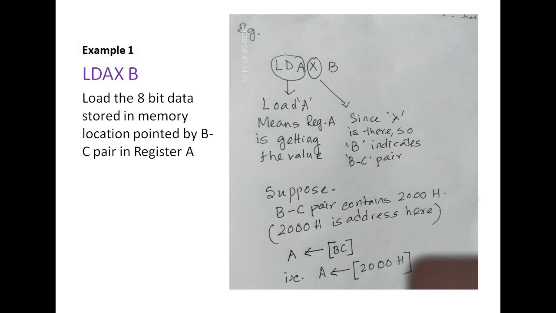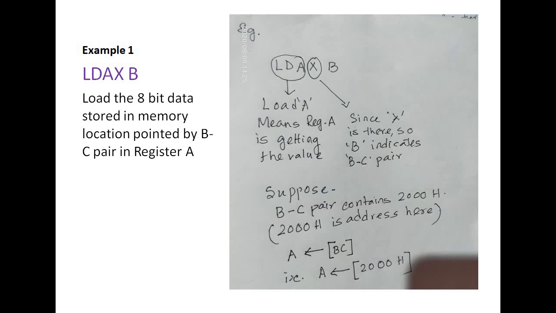From there it will pick up the data. Clear? So you are giving the address, but you are not giving it directly. You are indirectly using the register, and hence the name is indirect addressing mode. I think it is clear.